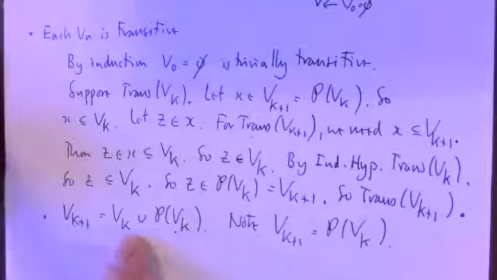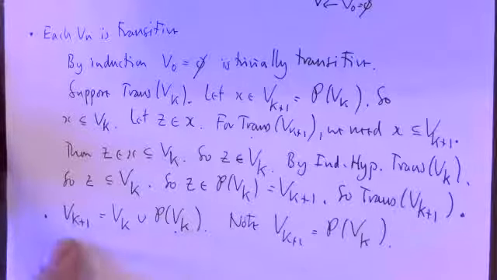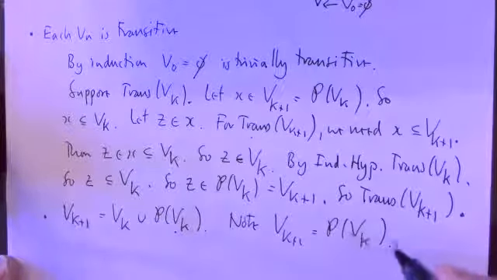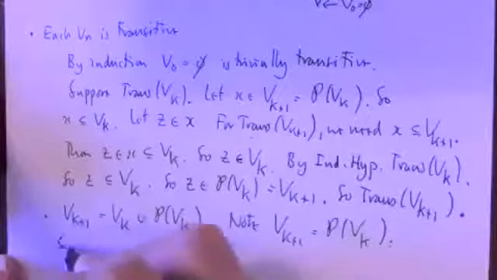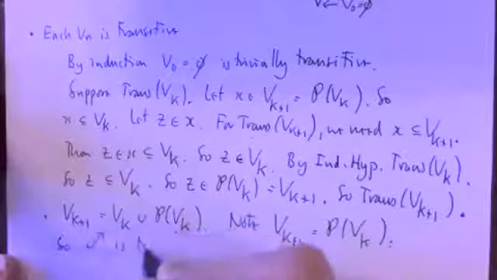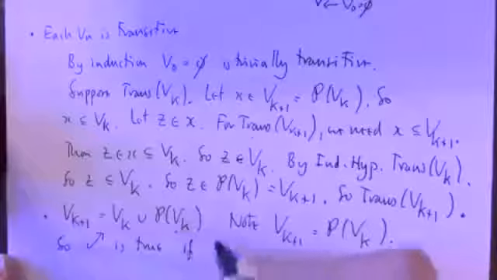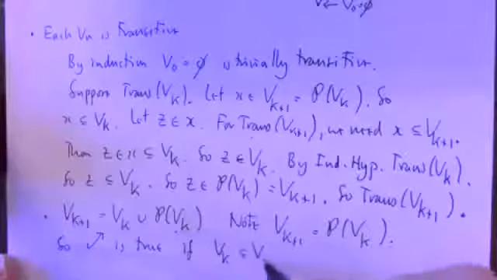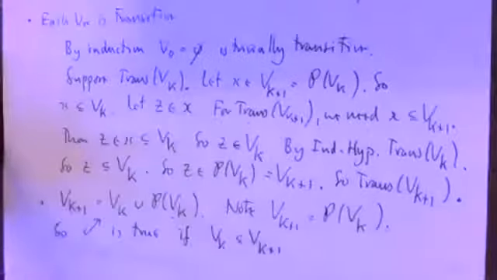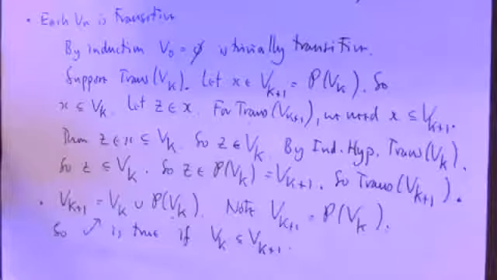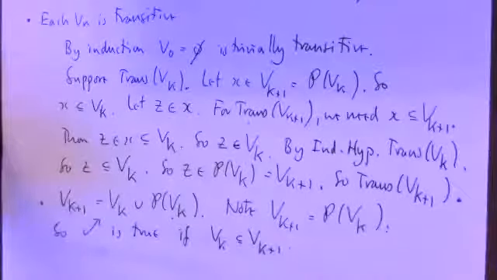So here, all I need for this equation to be true is for Vk to be a subset of V(k+1). But indeed, that's in effect what we've shown, right?